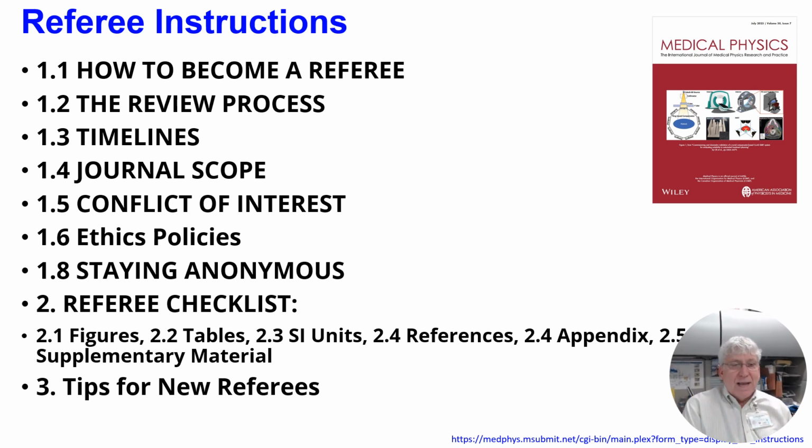So number one is how to become a referee. Number two, the review process, the timeliness, the journal scope, conflict of interest, ethics policies, staying anonymous, the referee checklist. This is a key thing, all the different items that need to be examined, and tips for new referees.